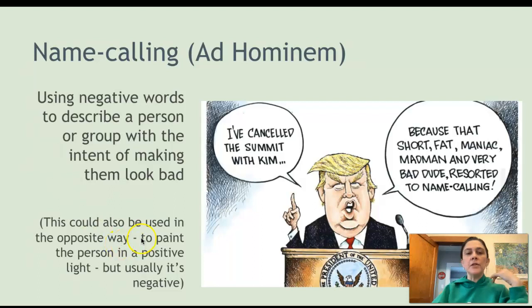Now, this could also be used in a positive way to paint the person in a positive light, but usually it's pretty negative. So if somebody has an argument that you don't like, instead of discussing their argument, you would just attack them and say, well, they're stupid. Well, obviously they don't know what they're talking about because they're stupid. That would be a name-calling technique.